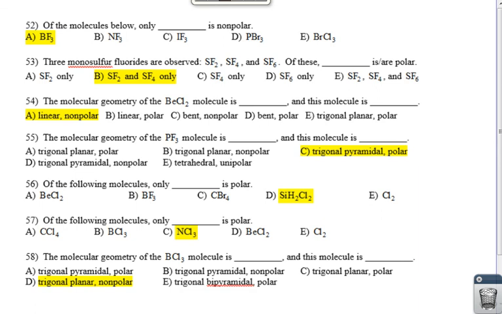What shape is A, do you think, without drawing it on paper? Trigonal planar, she wins. What about NF3? Trigonal pyramid. IF3 is seesaw, or no, it's T-shaped.